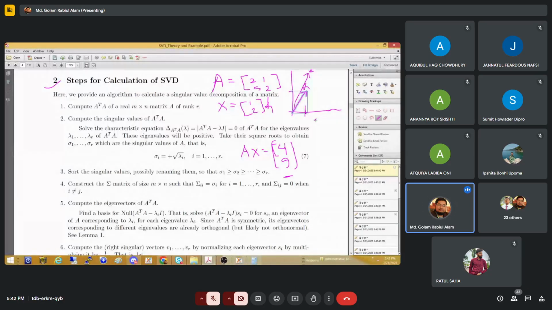Specifically it has some scaling, and from this length it will scale up to this length. So that's why it's scaling, increasing the length, and then it also rotates some. So it has some rotation.